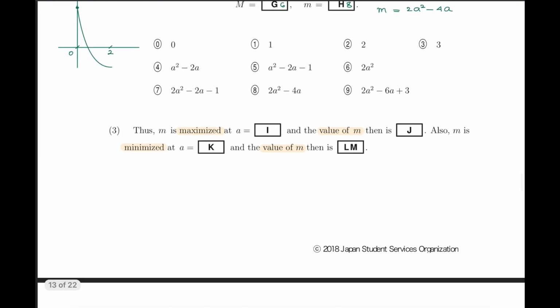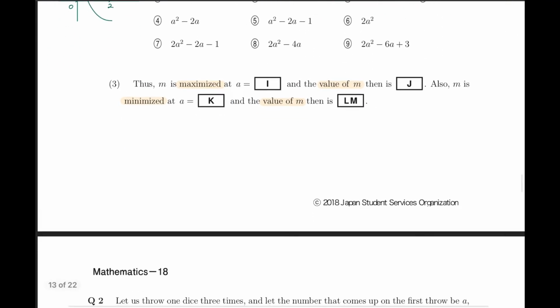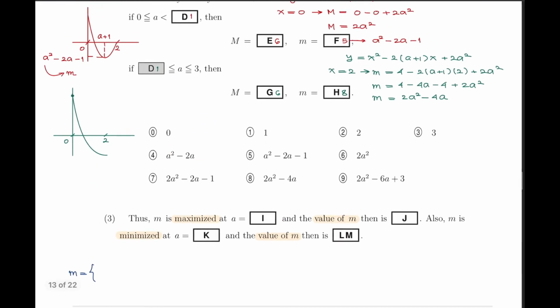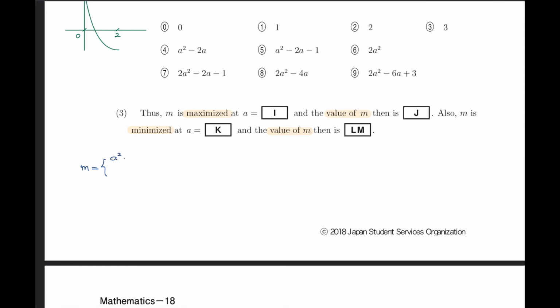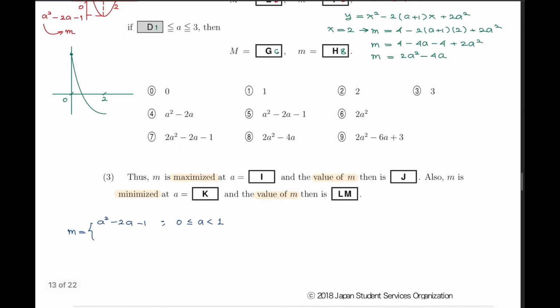So I will write m as a piecewise function. m is a squared minus 2a minus 1 if a is between 0 and 1, and then m is 2a squared minus 4a when a equals 1 until 3 inclusively.